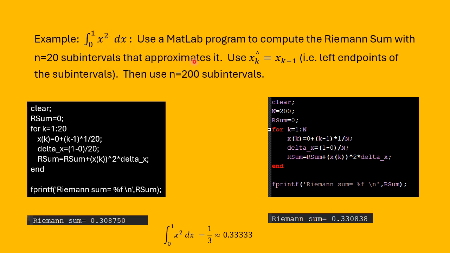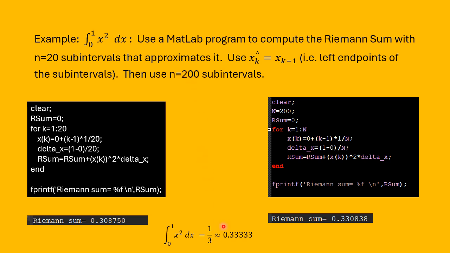And what we'll do is we'll use x sub k star equals the left endpoint, x sub k minus 1, for each of the subintervals. And we'll see what we get for that approximation. Then we'll more finely partition the interval from 0 to 1 into 200 subintervals and see what happens there.